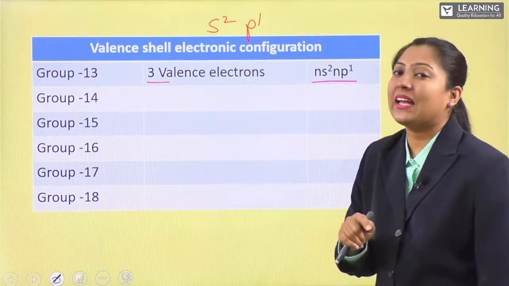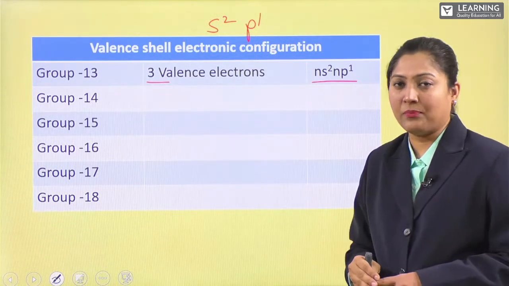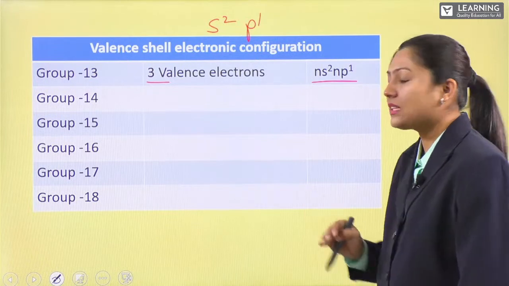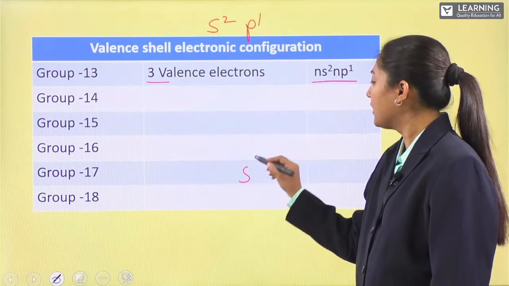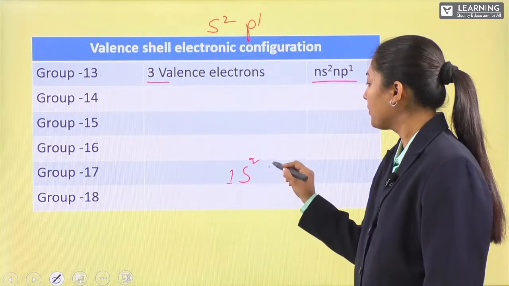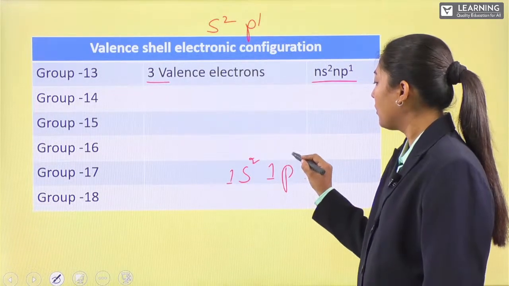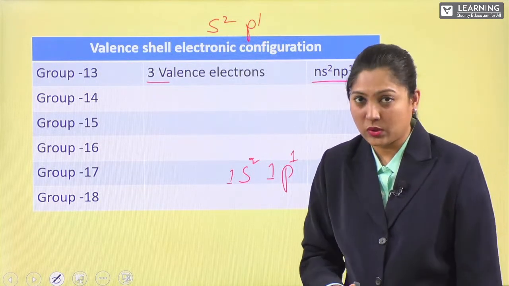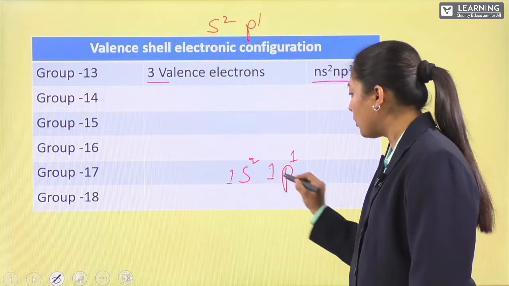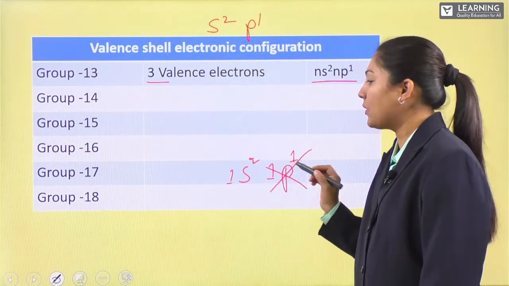Why are we taking n here? What does the n represent? n means the period. If we take the first period, it would be 1s2 1p1. Is it possible, students? I have already told you in the first period we don't have a p orbital, so this cannot be possible.